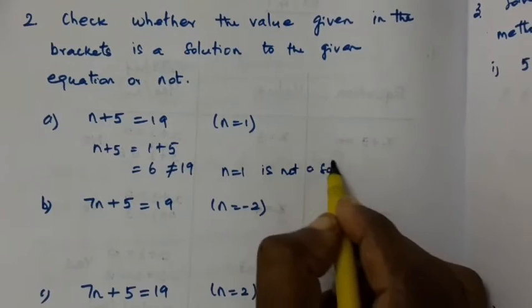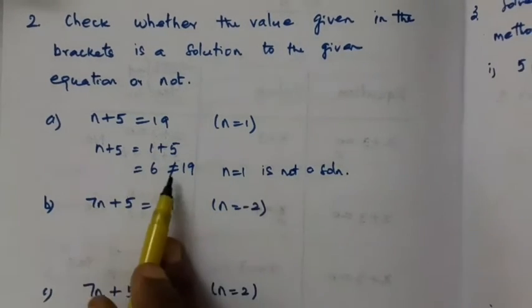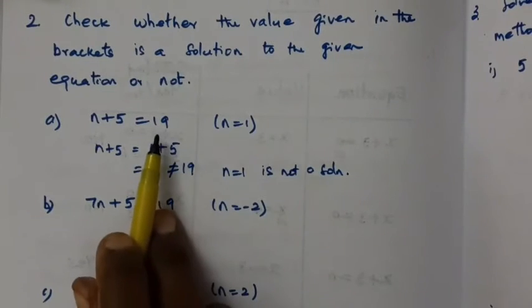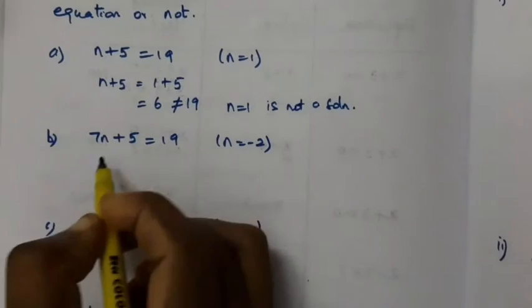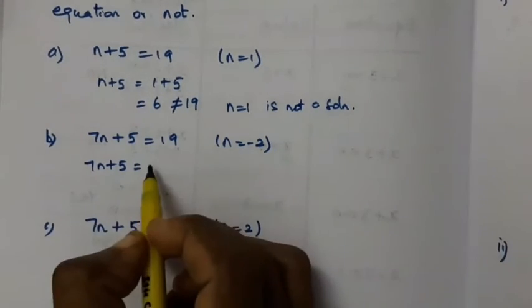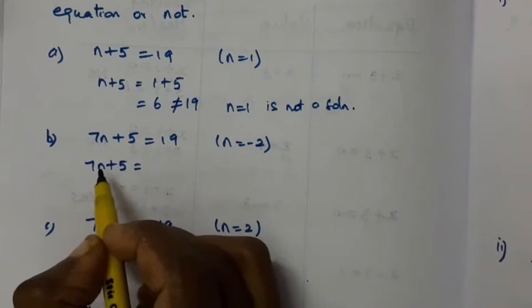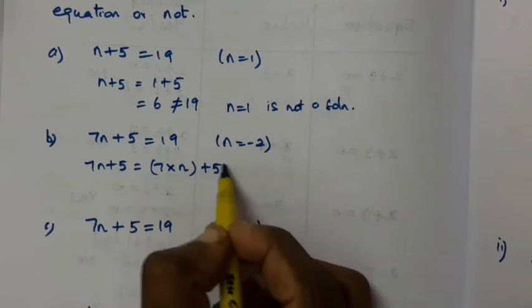If it is a solution, it should give the correct answer on the right hand side, what they have given. Now the second is 7n plus 5. This means 7 multiplied by n, plus 5.